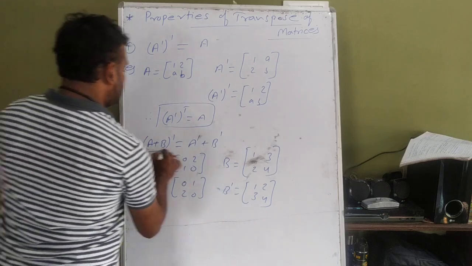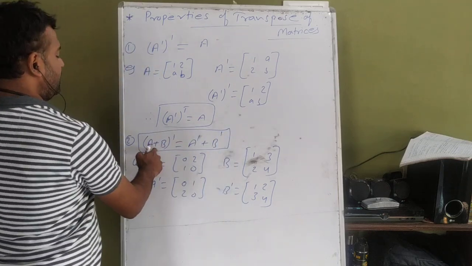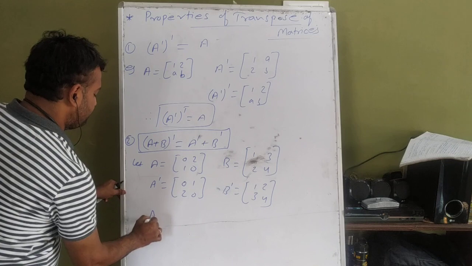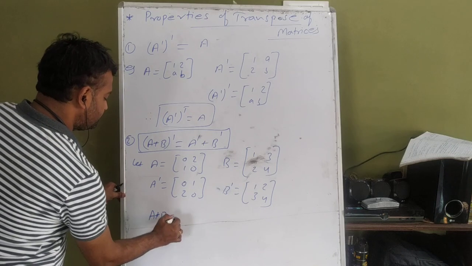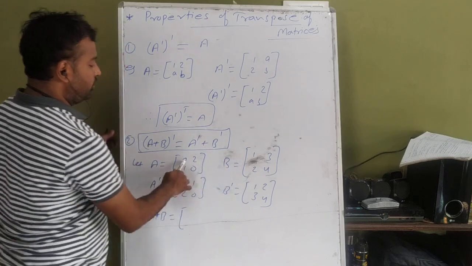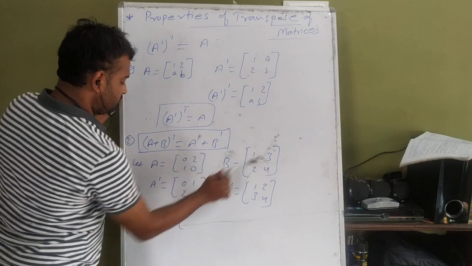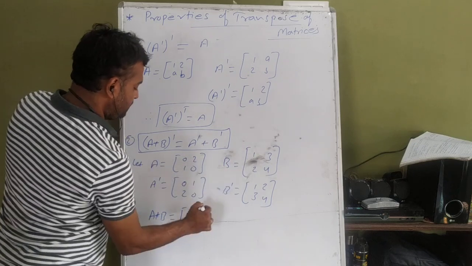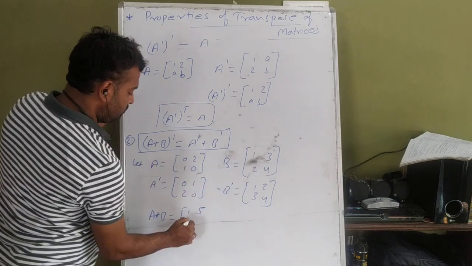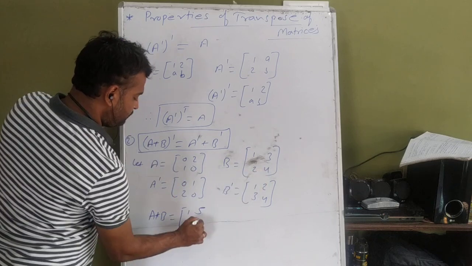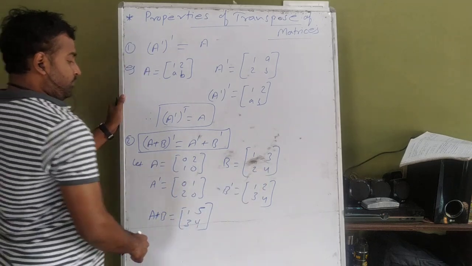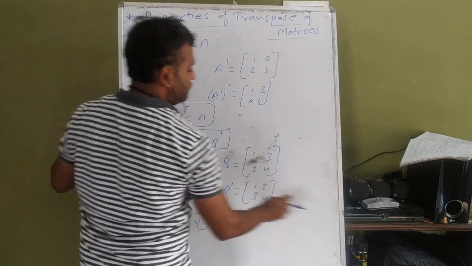We need to prove here (A plus B) whole transpose. Find A plus B. Corresponding elements will be added. 0 plus 1, 1. 2 plus 3, 5. 1 plus 2, 3. 0 plus 4, 4. See the LHS now.